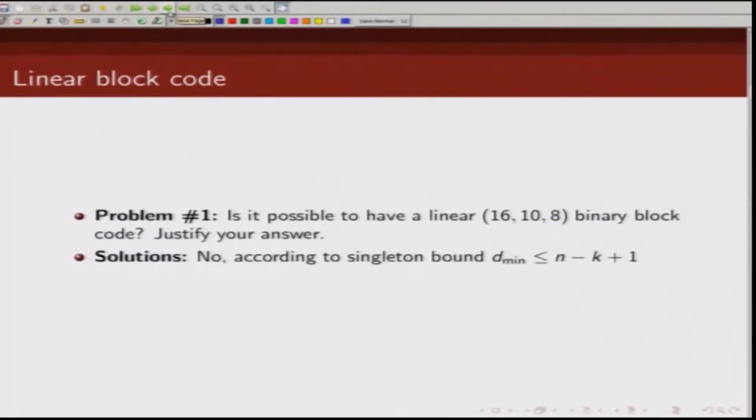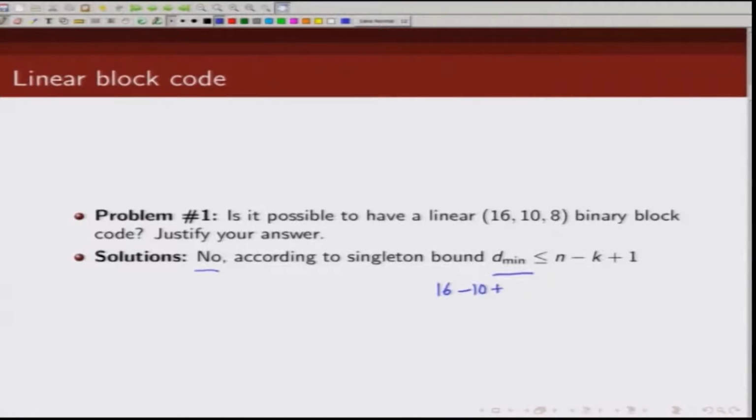Let us start with the Singleton bound. Well, the answer to this question is no. The reason being, this does not satisfy the Singleton bound. Now, what does the Singleton bound say? The minimum distance of a code has to be less than or equal to n minus k plus 1. Here n is 16, k is 10.